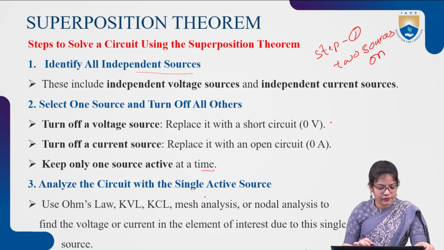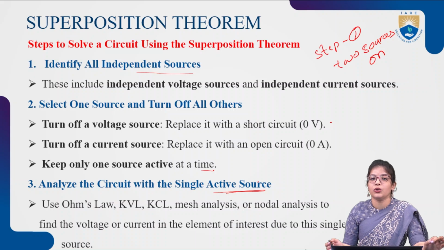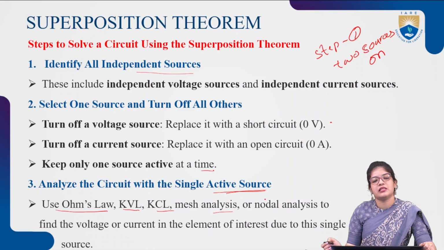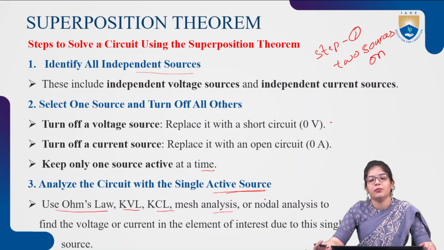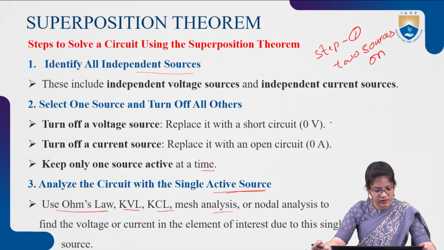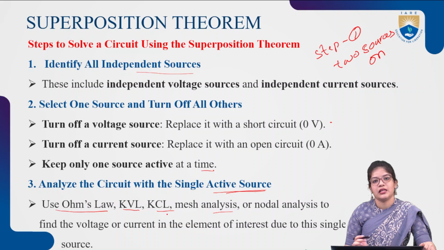The third step is to analyze the circuit with a single active source, using Ohm's law, KVL, KCL, mesh analysis or nodal analysis. Any one of these methods can be used to calculate the currents in the superposition theorem. Mostly we'll be considering mesh analysis.